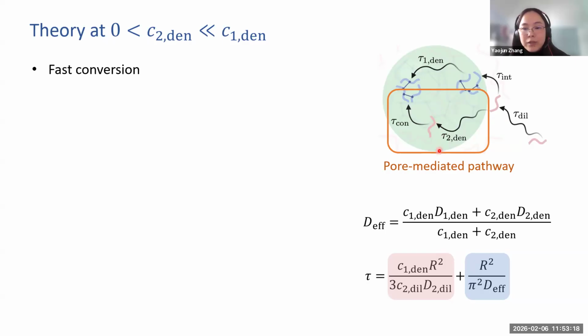So over these two states, the molecule in the dense phase undergoes diffusive motion with an effective diffusion coefficient D effect. Recovery time therefore has two contributions. One is still from the dilute phase diffusion as before. The other one is from the dense phase diffusion. Everything looks similar except that the D1 dense we had previously is now replaced by the D effect. Because the D effect is a faster diffusion compared to D1 dense, this pore-mediated pathway speeds up the dense phase mixing.